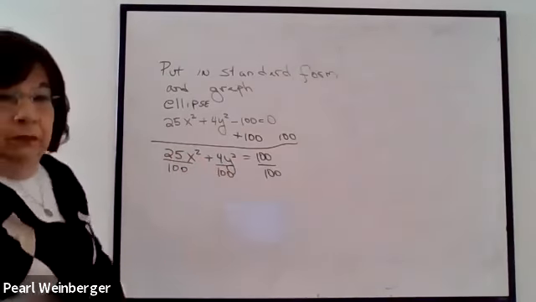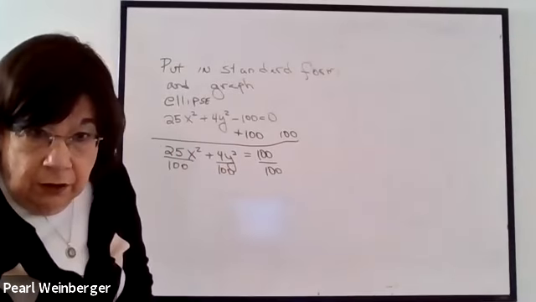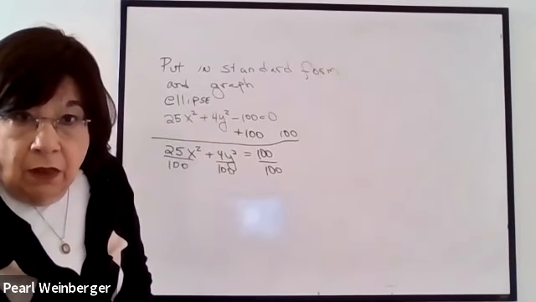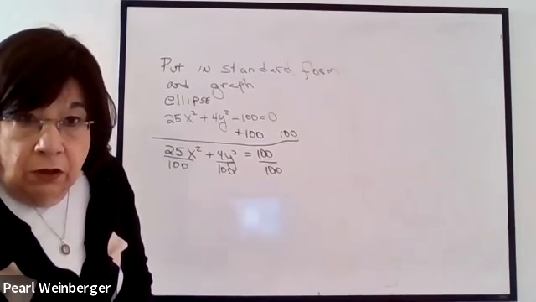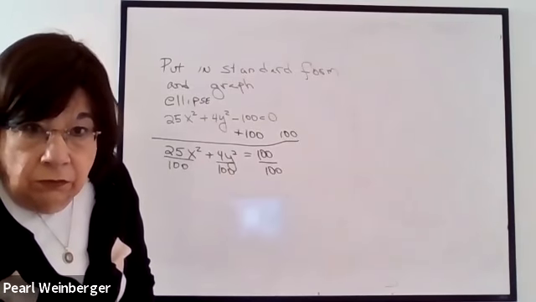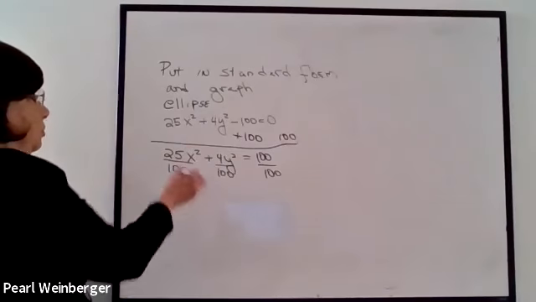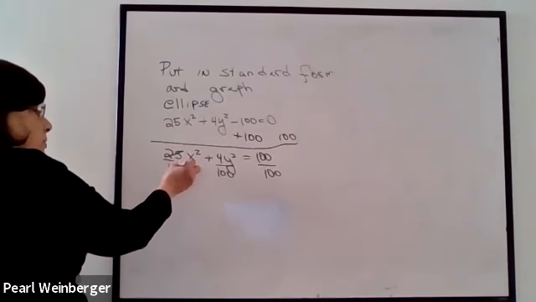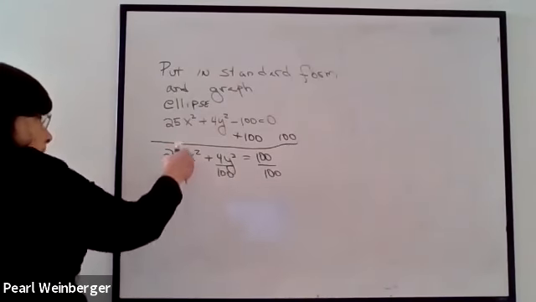And we simplify this. So the 25 cancels into the 100 and we get the 4 in the bottom.